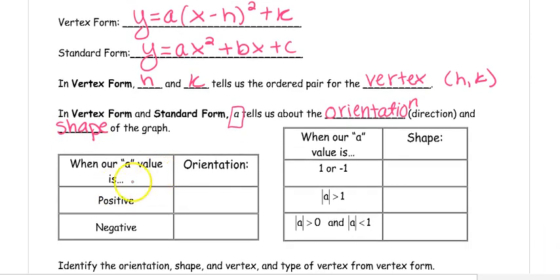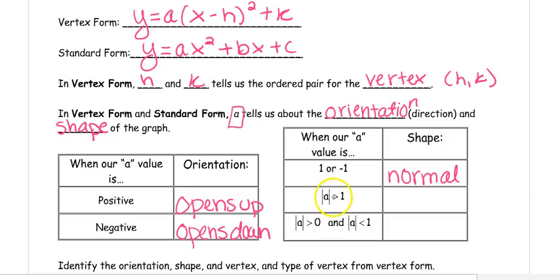So when our a value is positive, the orientation opens up. And we're going to take a look at what that means in a little bit. If it's negative, the orientation opens down. If our a value is 1 or negative 1, then the shape is normal.